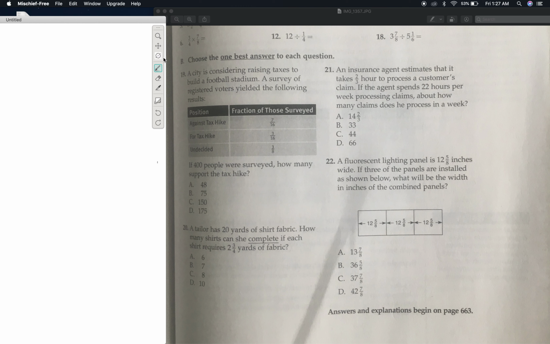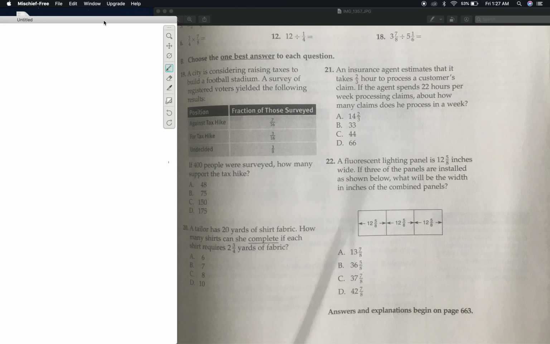So let's see. A city is considering raising taxes to build a football stadium. A survey of registered voters yielded the following results. Okay, so, if 400 people were surveyed, how many support the tax hike? So this is people for the tax hike. It's 3/16.